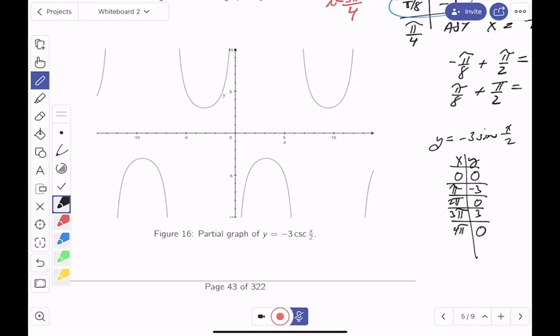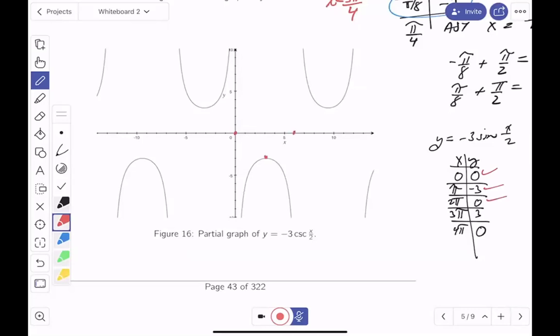I'm going to draw that picture in now. And I'll erase it later, by the way. I'll do it in red. 0, 0. And then I would get pi, minus 3. And pi, minus 3 is over here about. And then I would get 2 pi, 0. 2 pi, 0 is over here about.